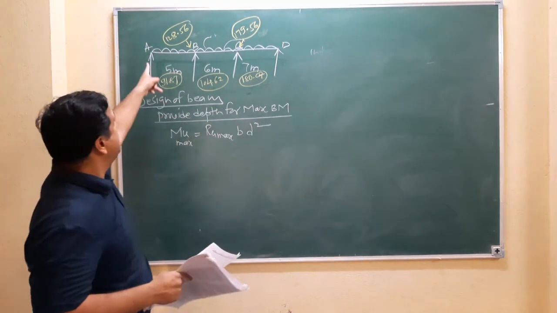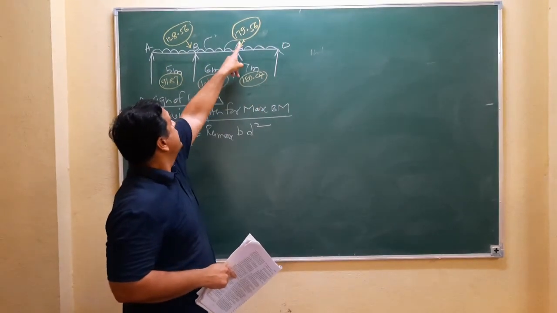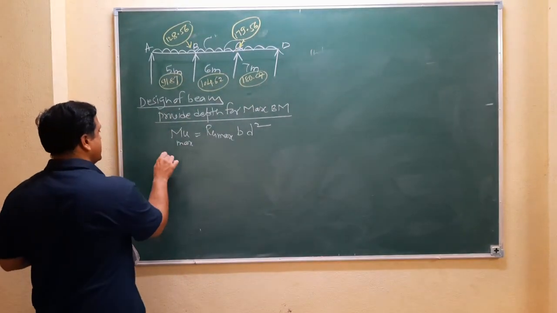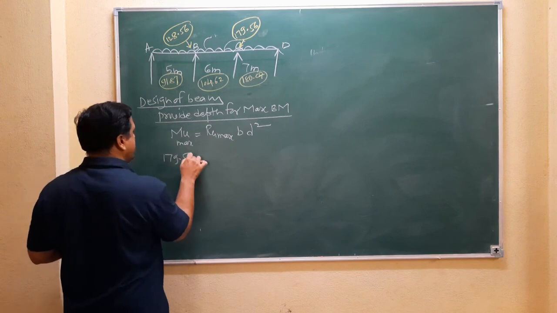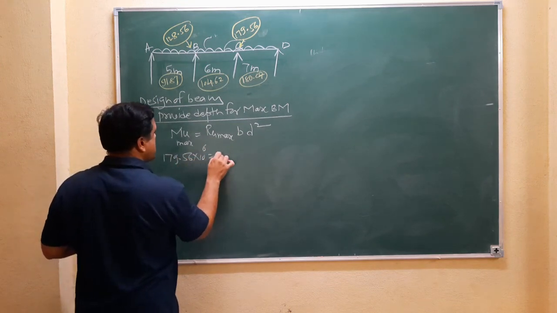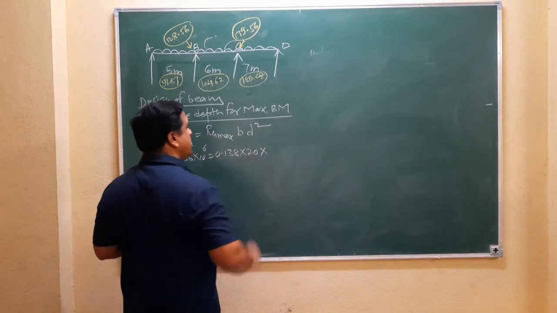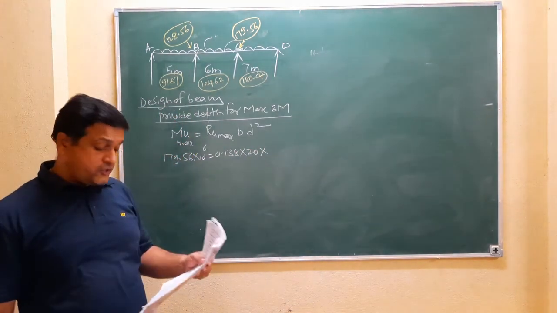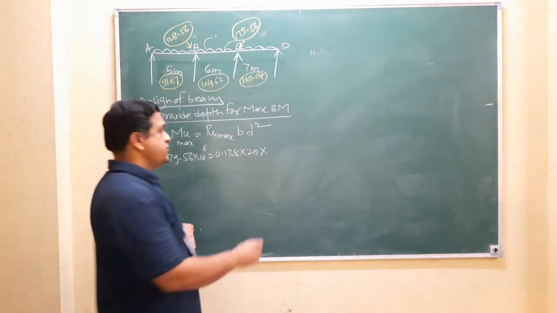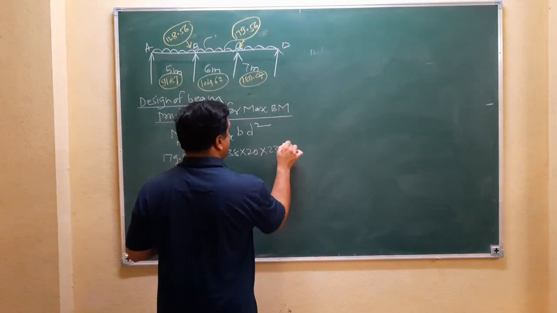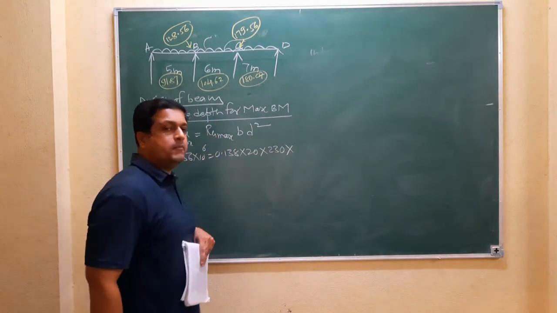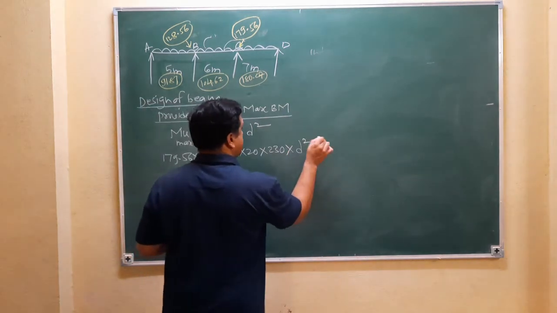The maximum value from these 5 values is 179.56 into 10 raised to 6, equals 0.138 fck B D square, with fck 20. You have to assume the width of the section. Assume the width of the section 230 mm, and find out the depth.